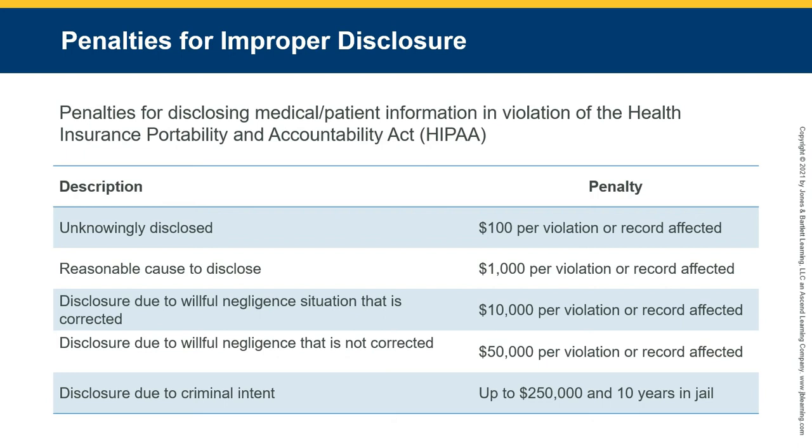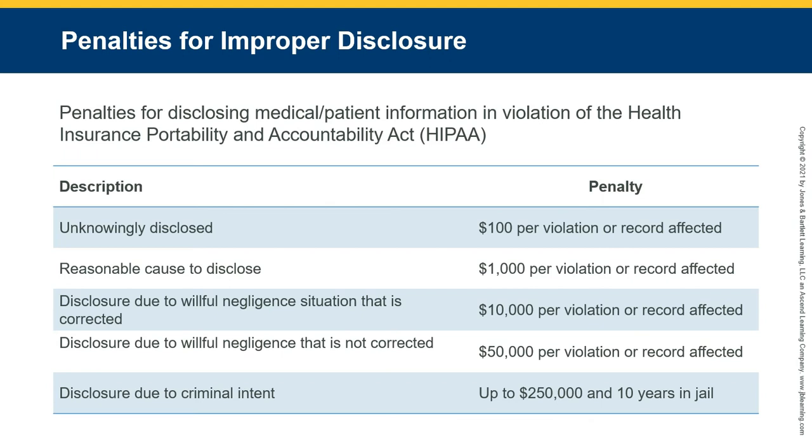Penalties for improper disclosure. Penalties for disclosing medical patient information and violating the HIPAA, Health Insurance Portability and Accountability Act. Here are our penalties. Unknowingly: if someone comes up and we accidentally give them information, we can be fined $100 per record. If there is reasonable cause to disclose, $1,000 per record violation.